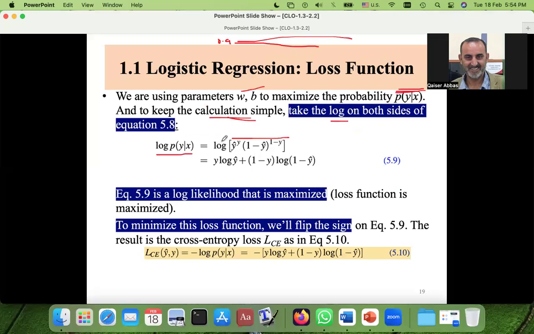With the log formula, log m raised to the power n becomes n log m, because it has the power. Similarly here it will become 1 minus y times log, and this way you will have a new equation, 5.9. So now we have reached this step. Now we will give further reasons and move to the next step.